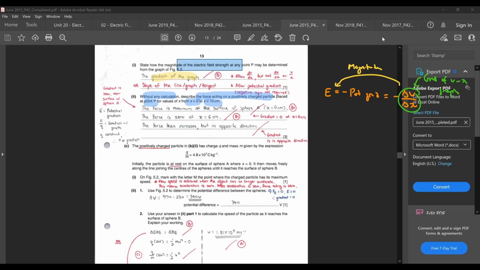Okay, so without any calculation done, how would you describe the variation of the force with the distance stated there? So let's just consider how the graph looked like before. This is a graph of V versus X, isn't it? So just now, what the graph looked like was something like this.